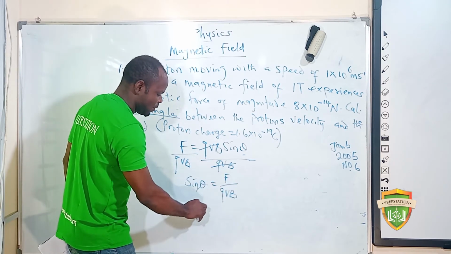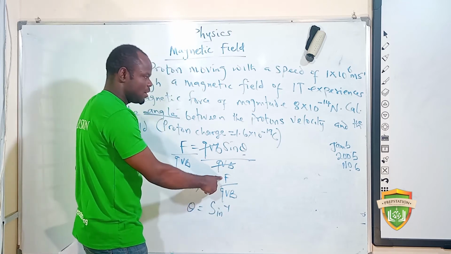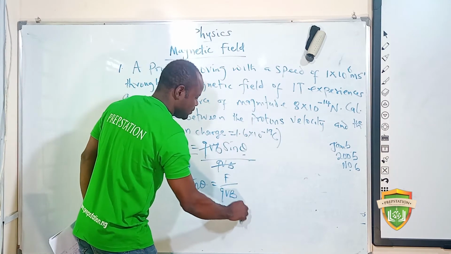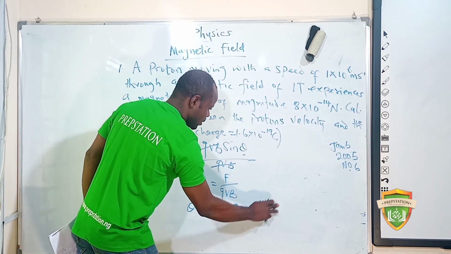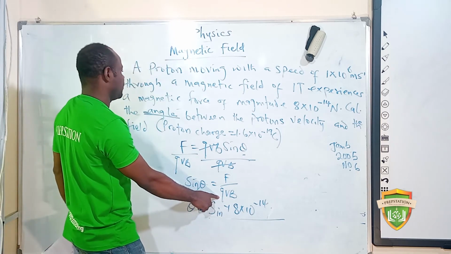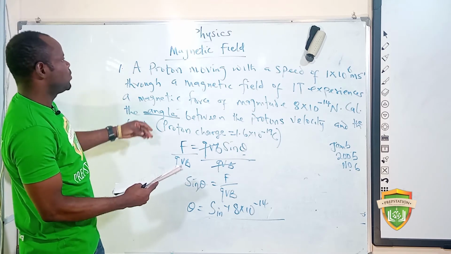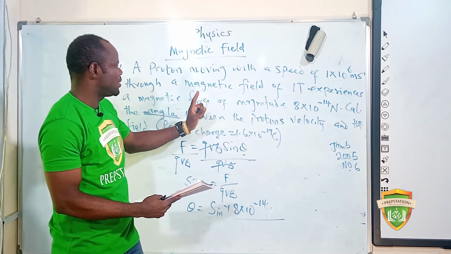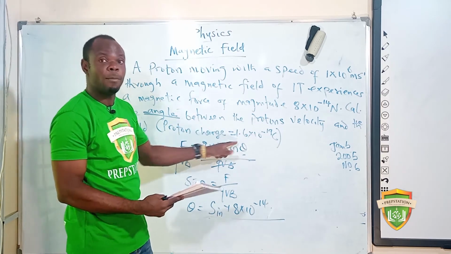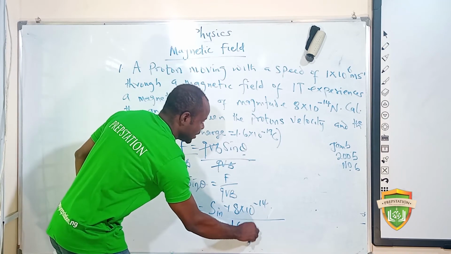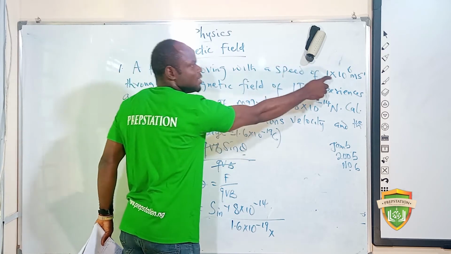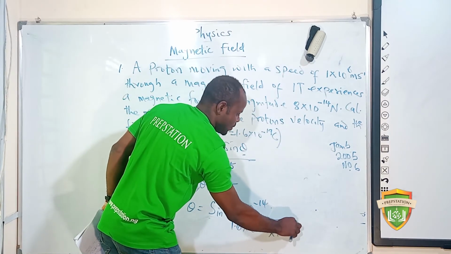So your theta right away will be sine inverse of what? What is your force? You trace it. Your force is here: 8 by 10 raised to the power of minus 14. Everything over the Q, which is the quantity of charge. Let's move through. Your quantity of charge is, okay, we have it here, proton's charge, that's 1.6 by 10 raised to the power of minus 19, multiplied by your velocity, which is right here, 1 by 10 raised to the power of 6.